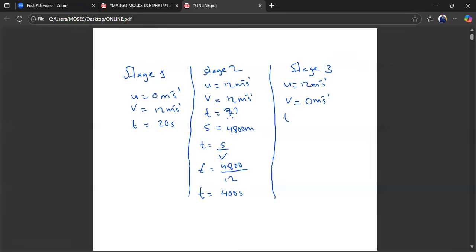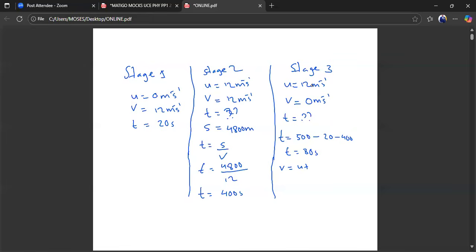Time here is not known, but you can find it: total time was 500 seconds, so it will be 500 seconds minus the time in the first stage, then minus the time in the second stage, which gives us our time as 80 seconds.